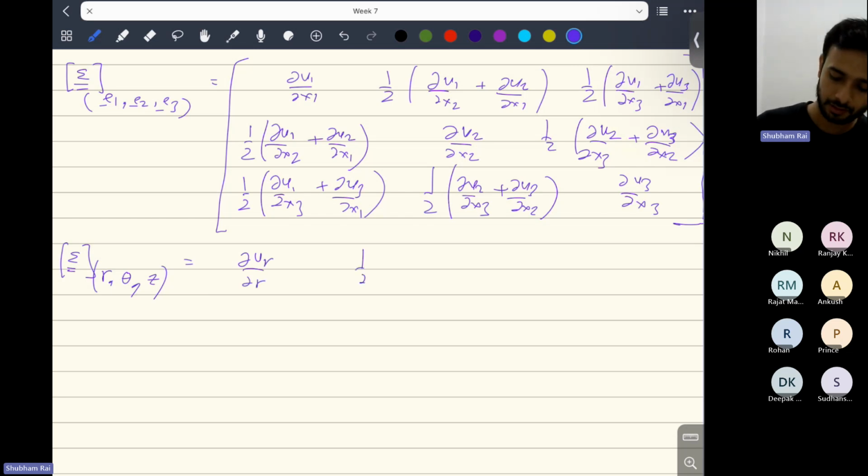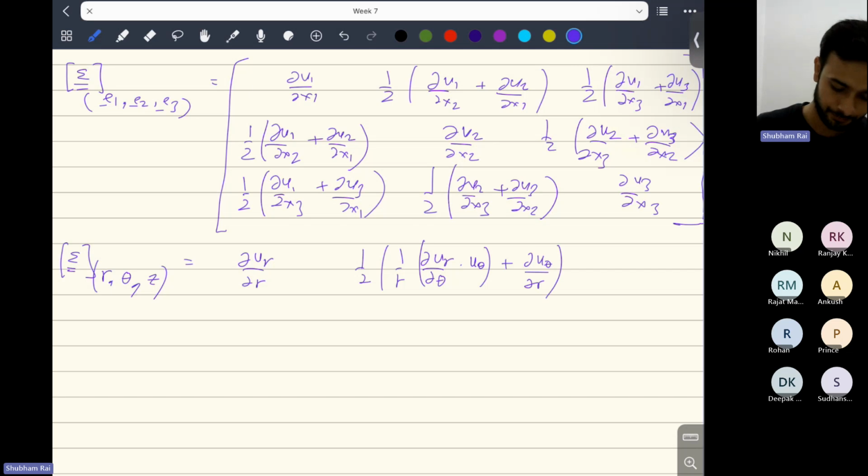The second term is half of 1 over r del u r by del theta, plus del u theta by del r.